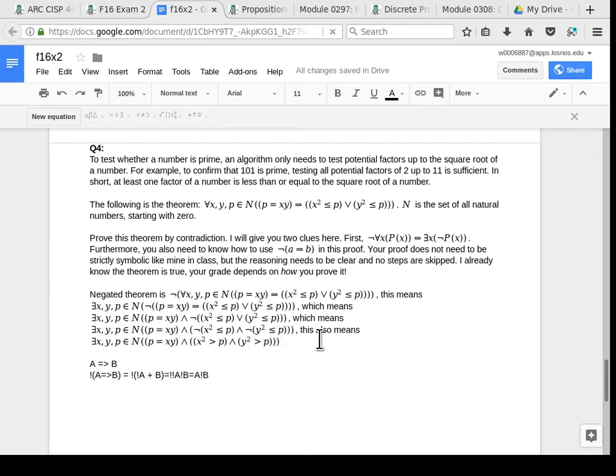We are saying there exist x, y, and p, all elements of natural numbers, where p is the product of x and y, x squared is greater than p, and y squared is greater than p as well. Focusing on that portion, it says p equals xy, and x times x is greater than p, and y times y is greater than p as well.